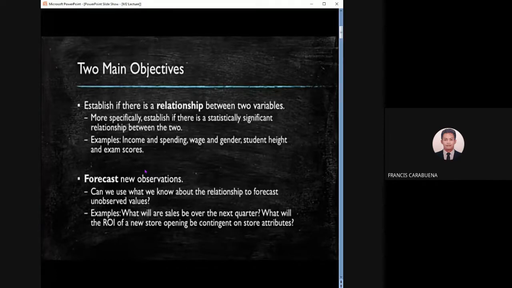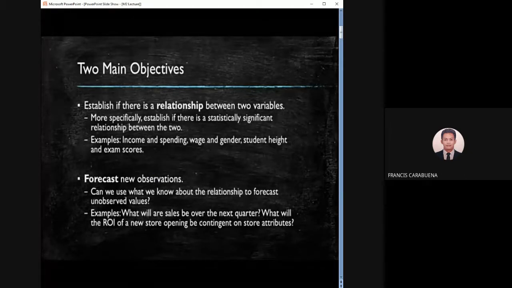Of course, we don't know how profitable a new store is going to be. But if we know how much competition it is going to face, and how many people live nearby, then we can use this information to forecast the store's profitability.